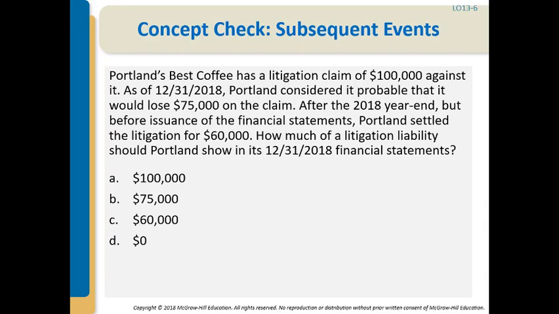Portland's Best Coffee has a litigation claim of $100,000 against it. As of 12/31/2018, Portland considered it probable that it would lose $75,000 on the claim. After 2018 year end, but before issuance of the financial statements, Portland settled the litigation for $60,000. How much of a litigation liability should Portland show in its 12/31/2018 financial statements?